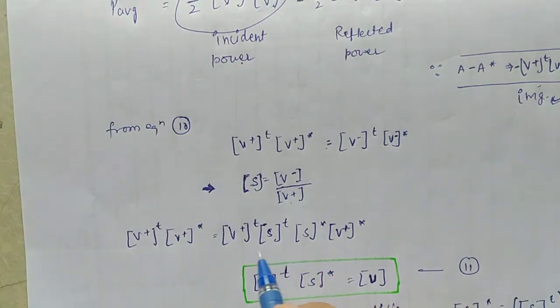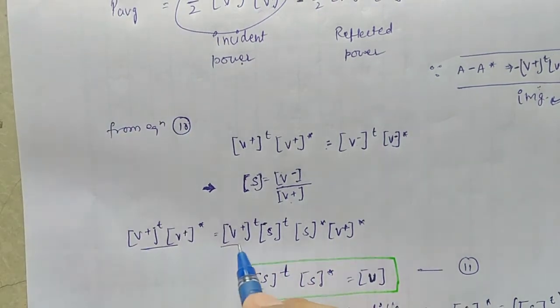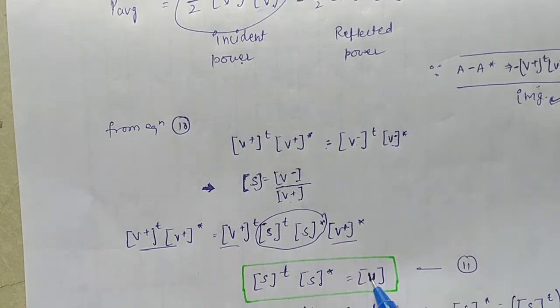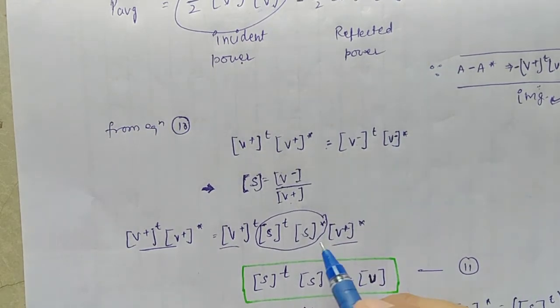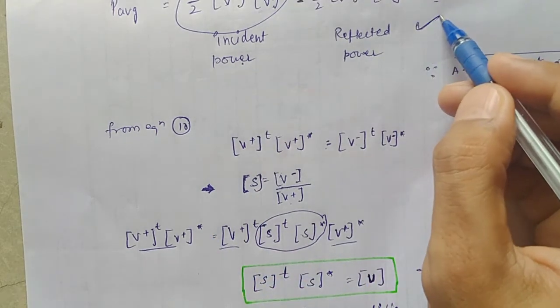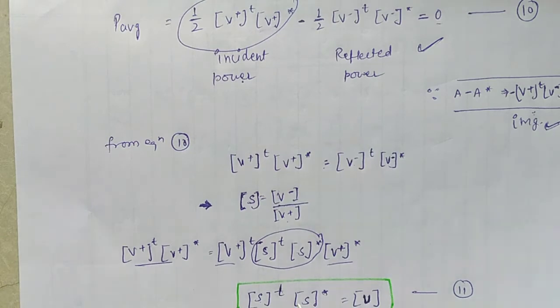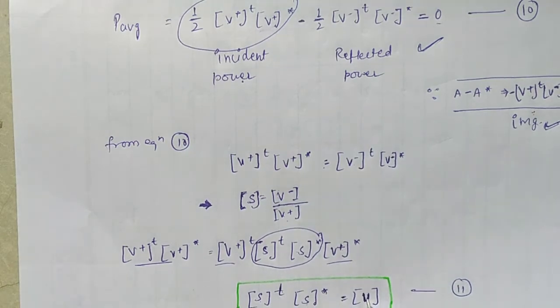Now here we can see, to make this quantity equal, this term S transpose into S conjugate should be equal to unitary. If it is not equal to unitary, we cannot satisfy this condition, and we cannot say that the network is lossless. So S transpose into S conjugate should be equal to unitary.